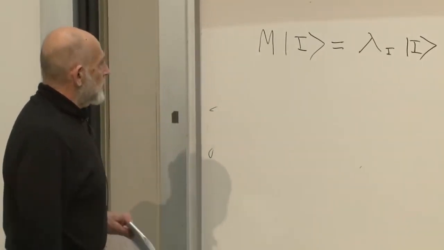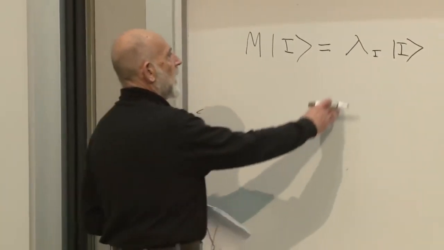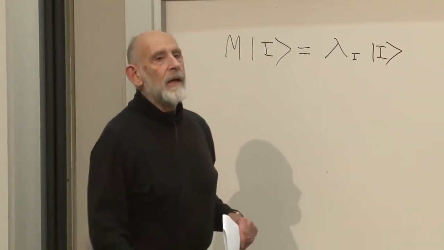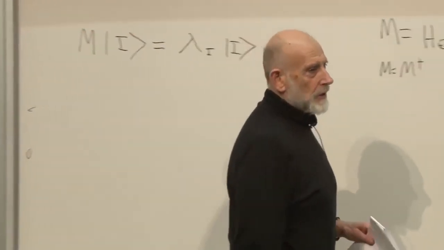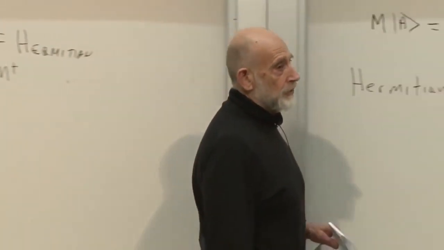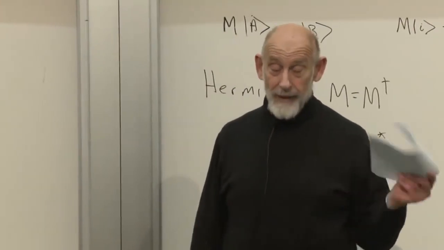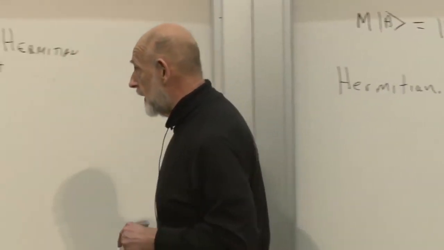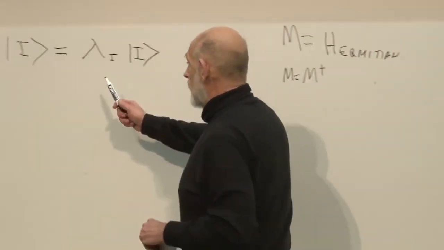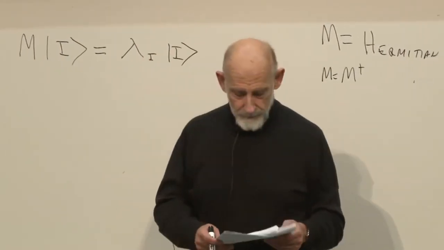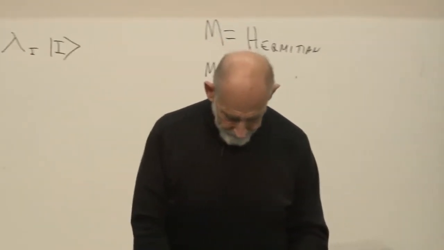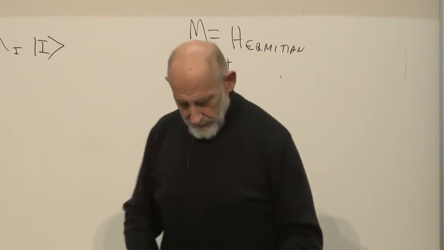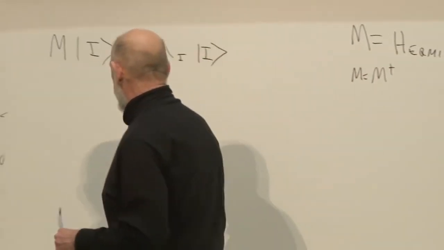Okay, let's suppose that M is Hermitian and it has an eigenvalue lambda I. The first observation is that the eigenvalues of Hermitian matrices are real. That even comes before what I said previously. If there is an eigenvalue, it is real. Okay, how do we prove that it's real?